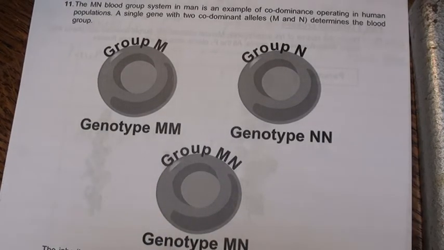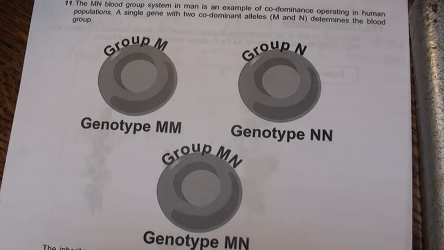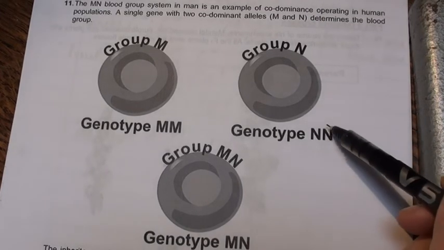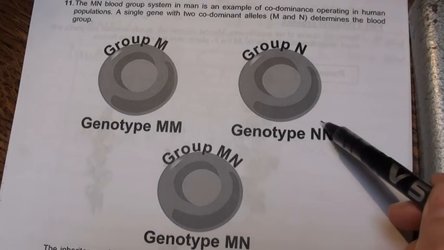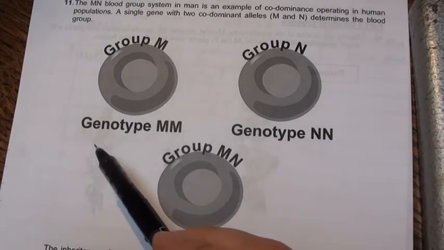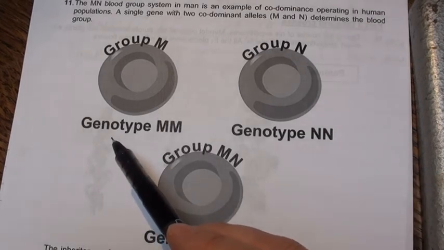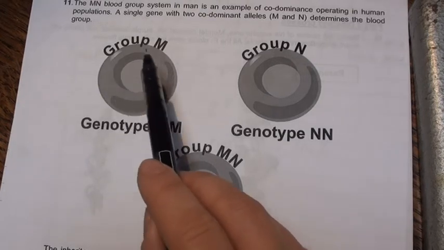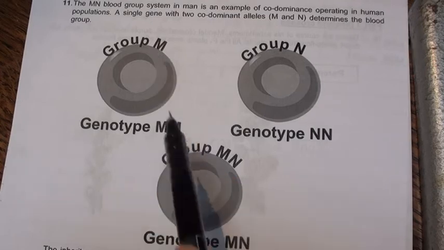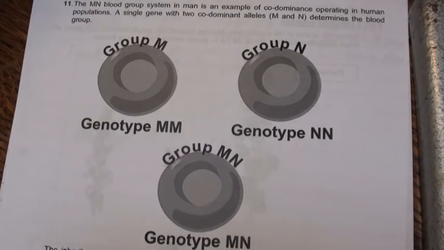So here is the thing you need to be aware of: when you're using those letters, say double N or double M, these are genotypes. When you're writing your phenotypes, you need to say something like group M. So this is phenotype, this is genotype, so don't get confused.